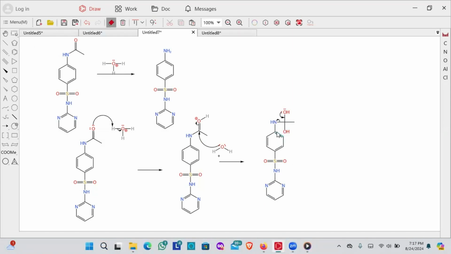Okay, let's not forget to include the other hydrogen atom that's on the oxygen here.